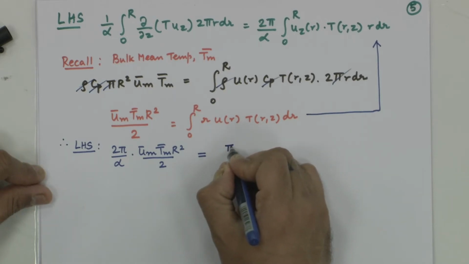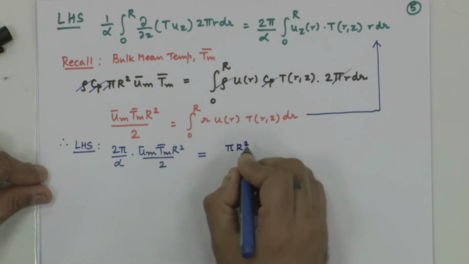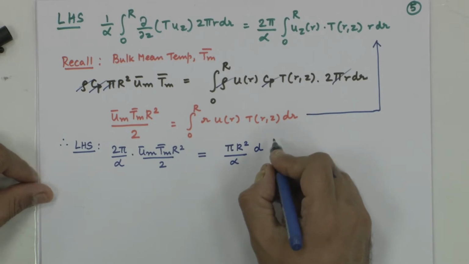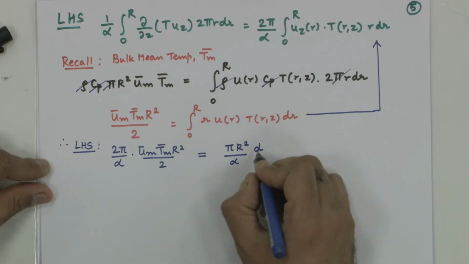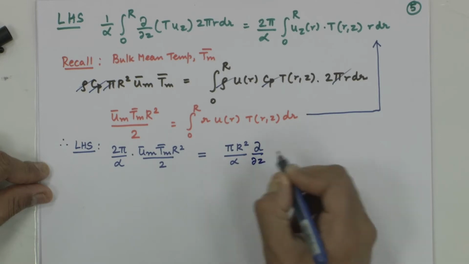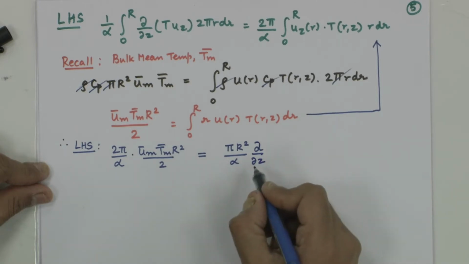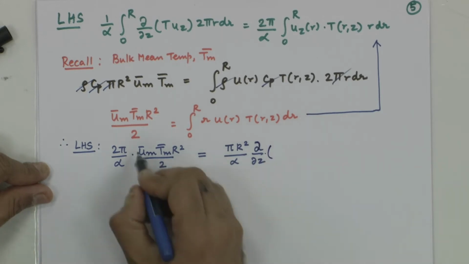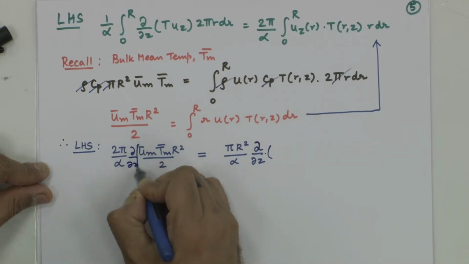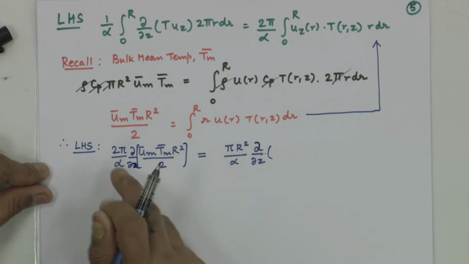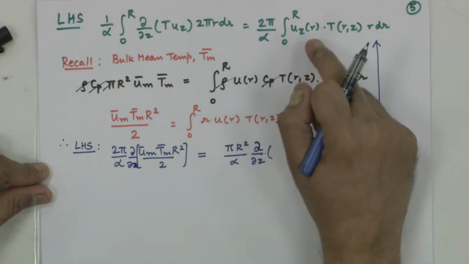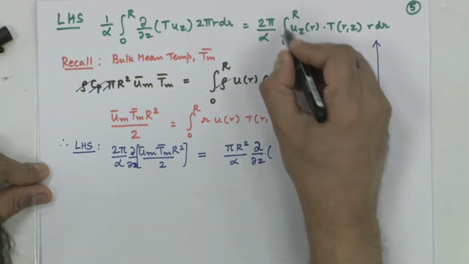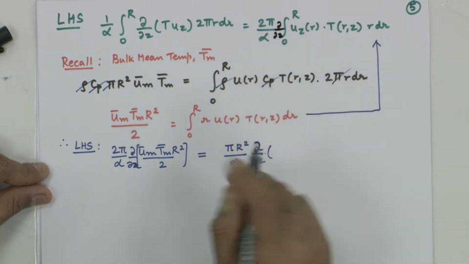pi into R squared by alpha d by dz of this quantity. Sorry, I forgot the derivative here. So, 2 pi by alpha times the derivative of this quantity, d by dz.